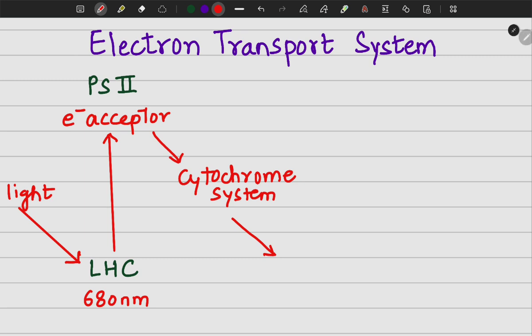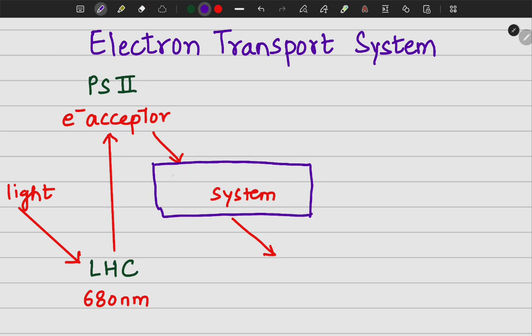So this transfer of electrons from the electron acceptor of PS2 downhill through the different proteins of the cytochrome system constitutes the electron transport chain. Instead of cytochrome system, I can write here electron transport system. Let me write it properly.